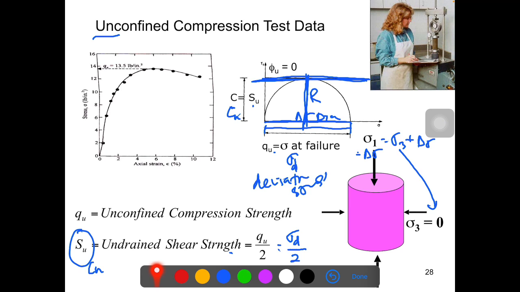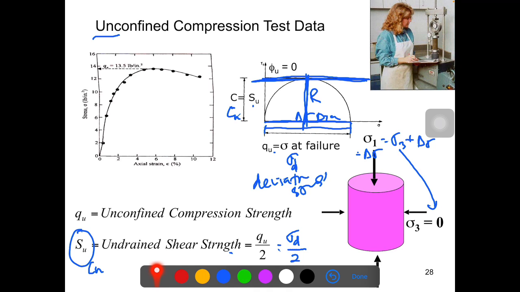Normally in a test or quiz or whatsoever, we give you information stating that based on an unconfined compression test, or we just give you the unconfined compression strength of the soil as 200 kPa.